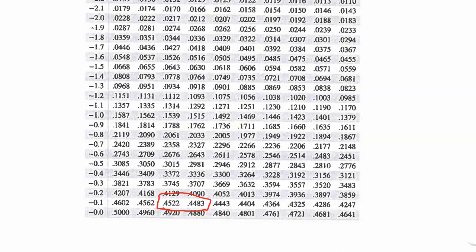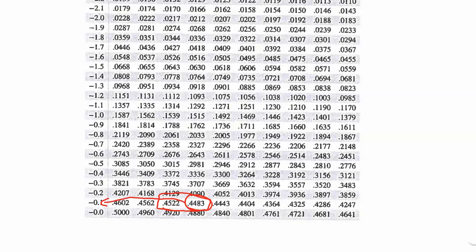Here, I need to subtract 22 points to make it even. So 0.45 is actually closest to this number. You're looking for the one that it is closest to, and when you find that, you're going to find the z-score that it corresponds to.